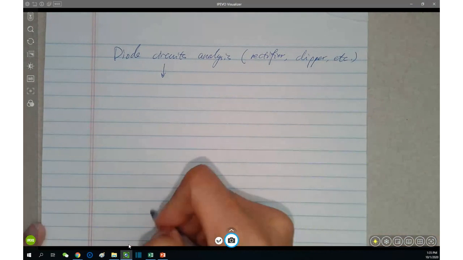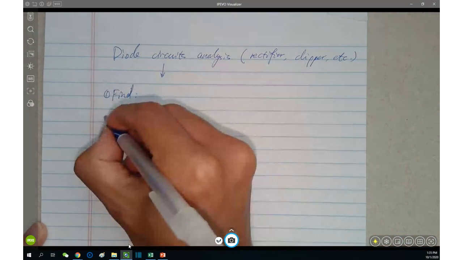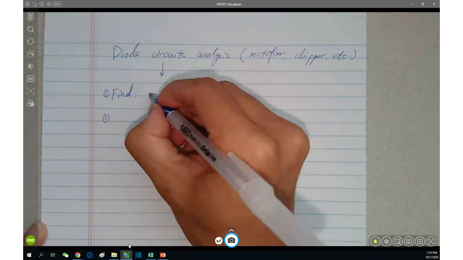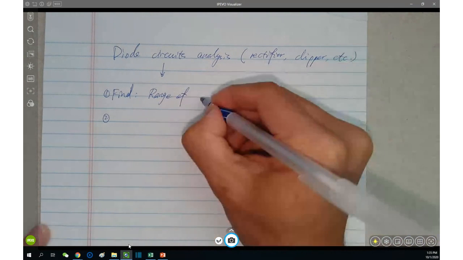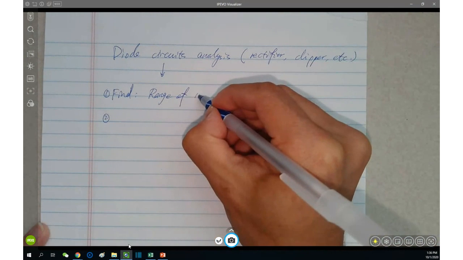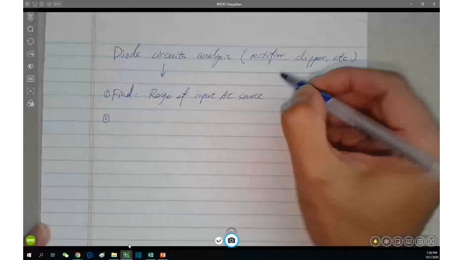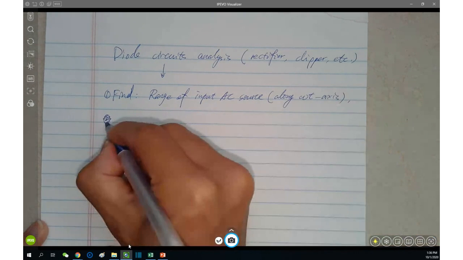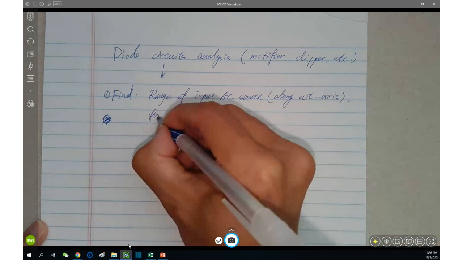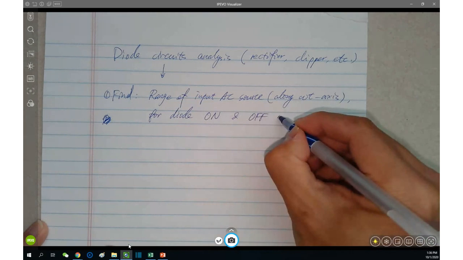What is the idea? First, find the range of the input AC source, or say along the omega t axis, for the diode on and off respectively.